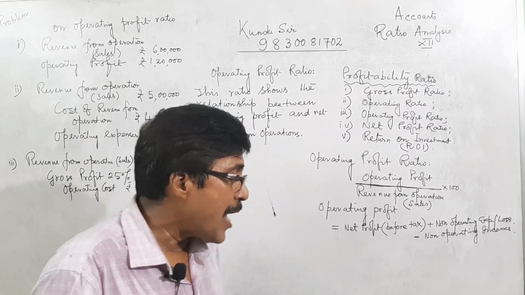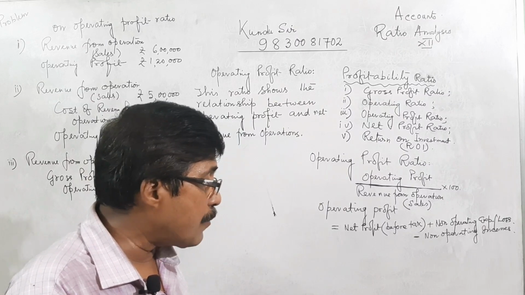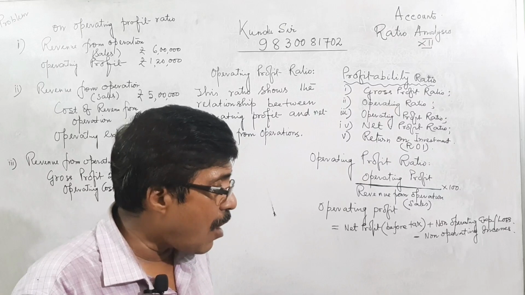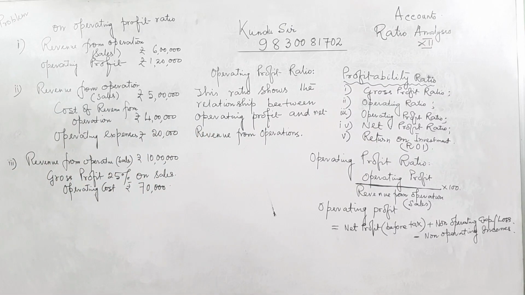Then other expenses like depreciation, office expenses, administrative expenses, selling expenses, bad debt, discount, interest. If we deduct these operating expenses from the gross profit, we will get operating profit.